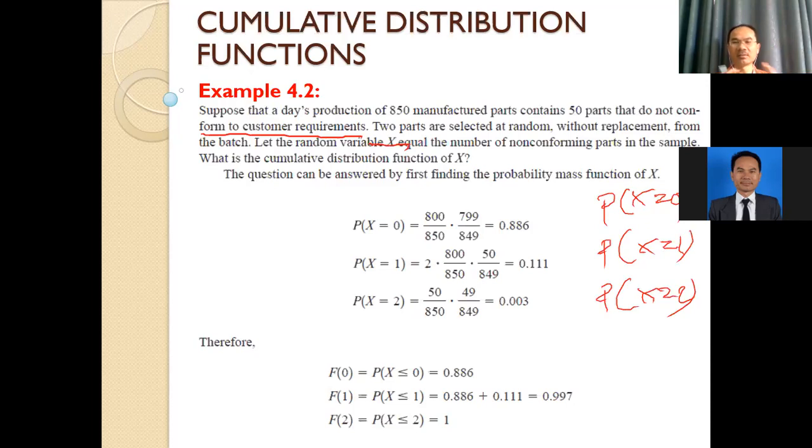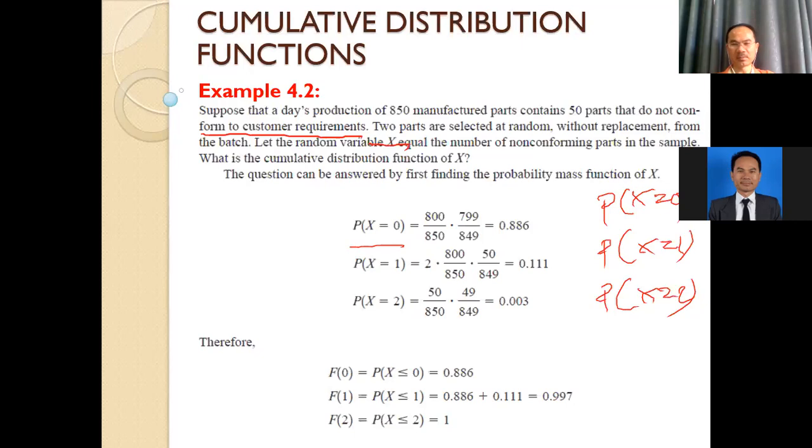X equal to 0 means no fail: you collect only 2, and neither of them is fail, so you did not find any defective part. X equal to 1 means you collect 2, and 1 is fail and 1 is good. X equal to 2 means both parts are fail. First, we calculate the probability that X equals 0.